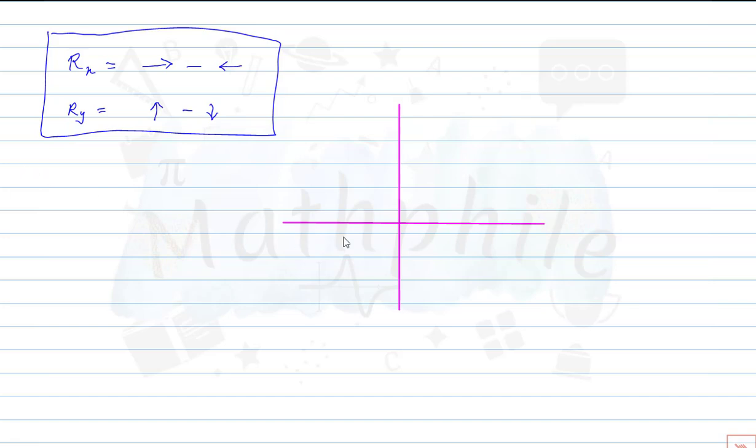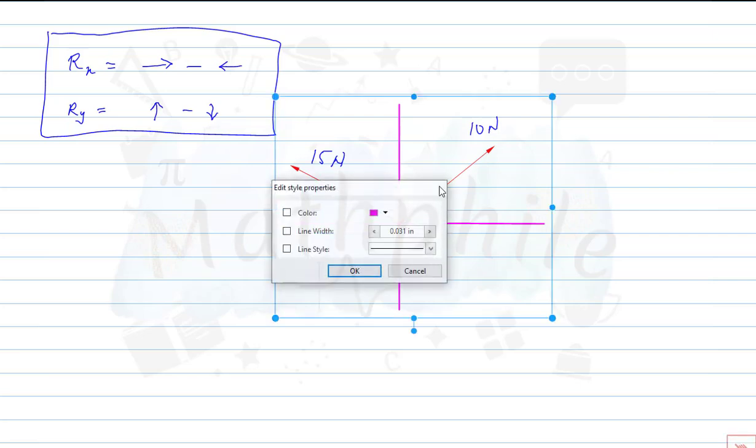Let's say there is this force of magnitude 10 newtons. Let me put 10 newtons over there. And there is another force of magnitude 15 newtons. And finally, let me add one more force to it.